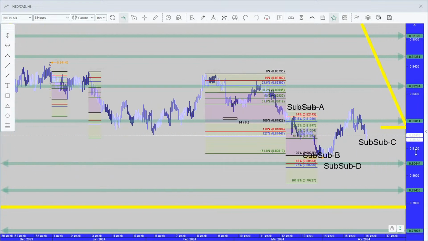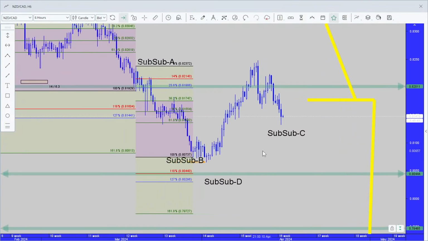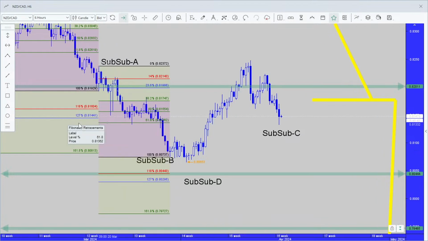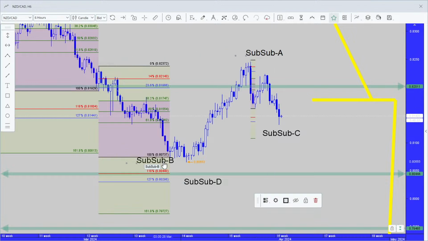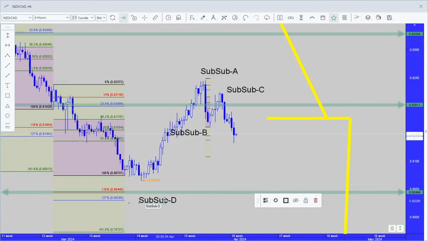We can go here and market making lower lows, lower highs. So confirmation Fibonacci.